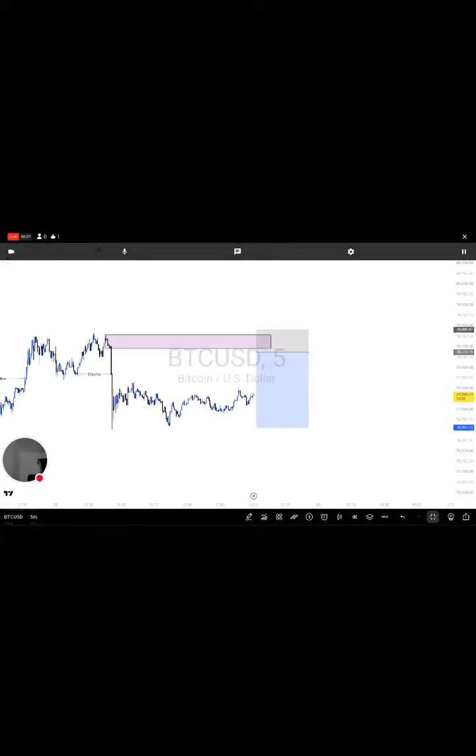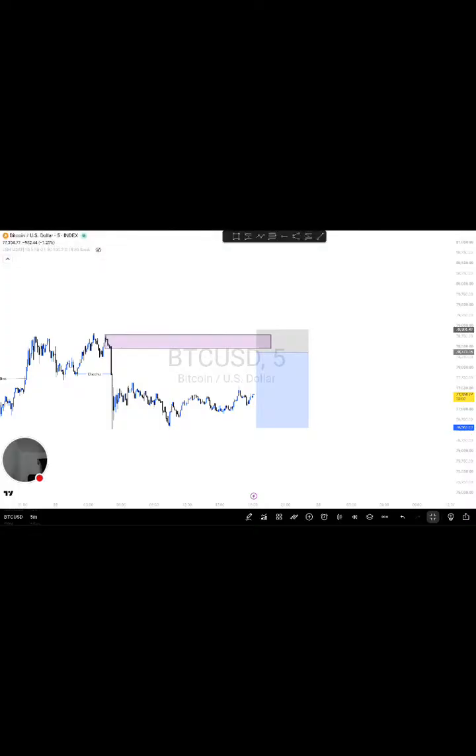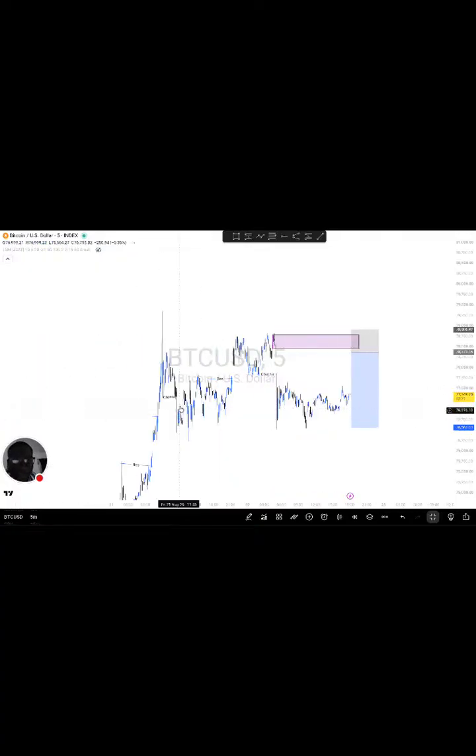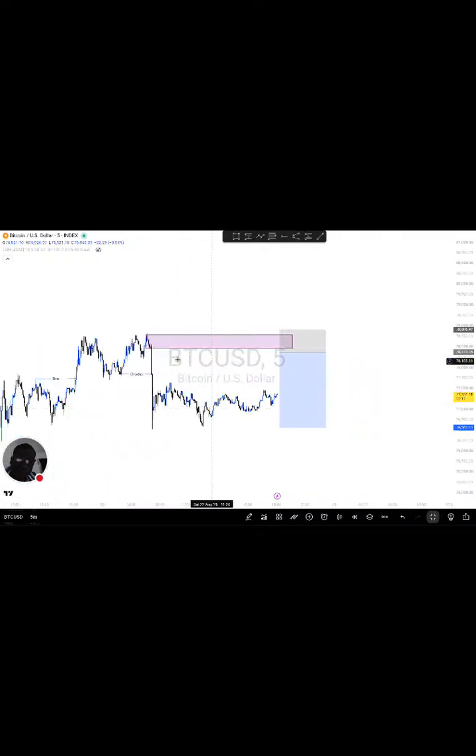So now, checking the overall trend, you can see the market is actually in an uptrend, and this trade is trading against the trend.